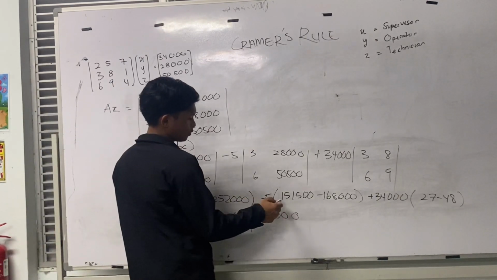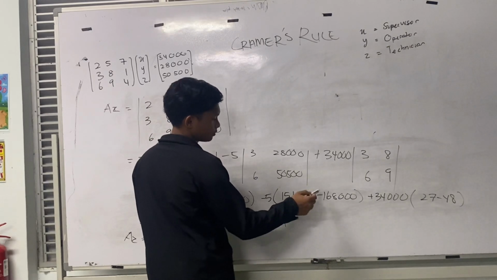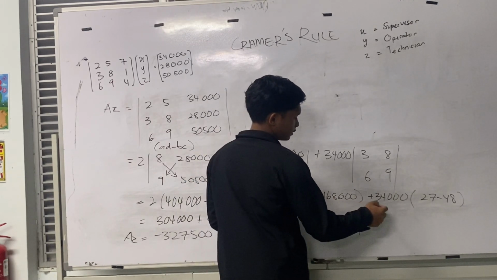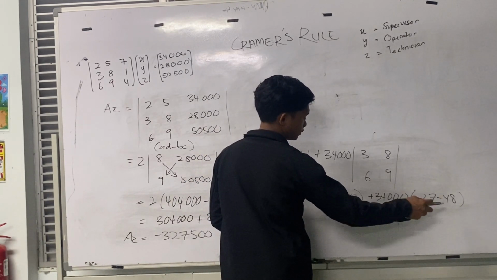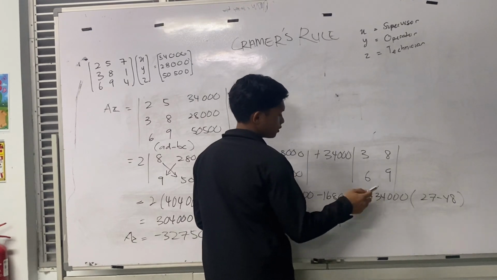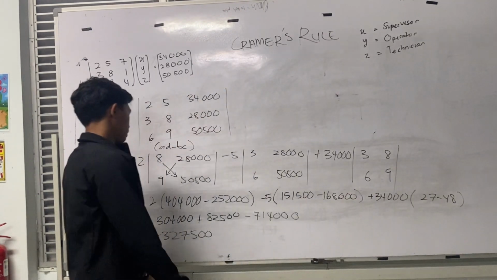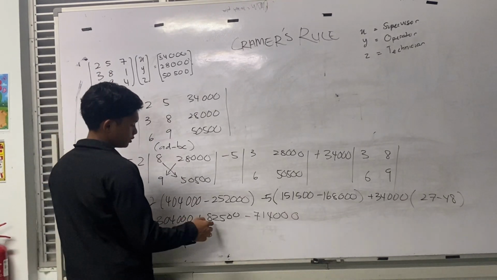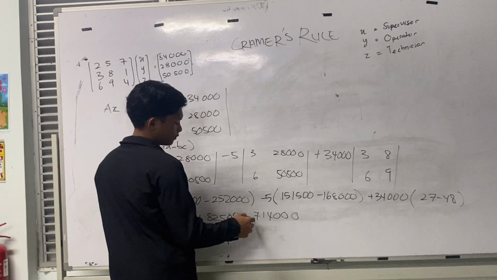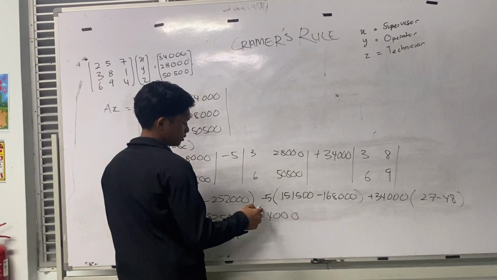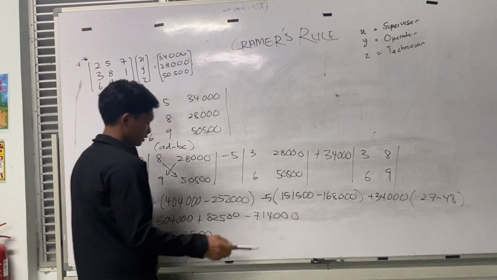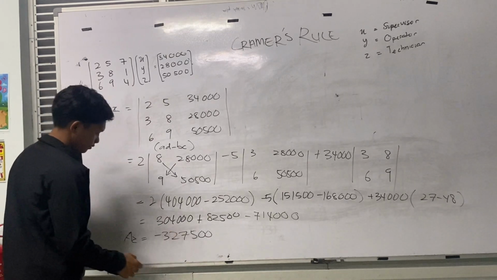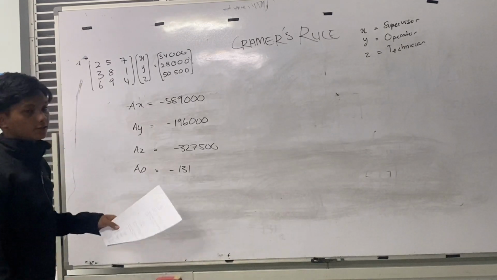Then 151,500 minus 168,000, multiplied by negative 5, and lastly 27 minus 48, multiplied by 34,000. So we will get 304,000 plus 825,000, and then minus 714,000. So the last answer will be negative 327,500 for your AZ.